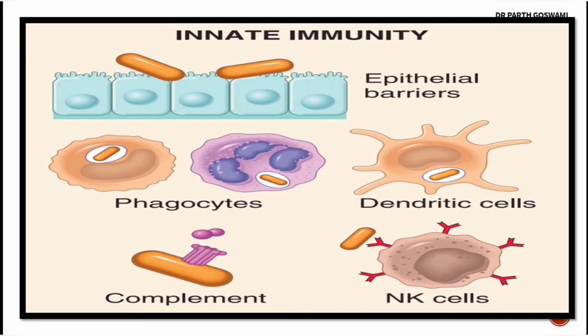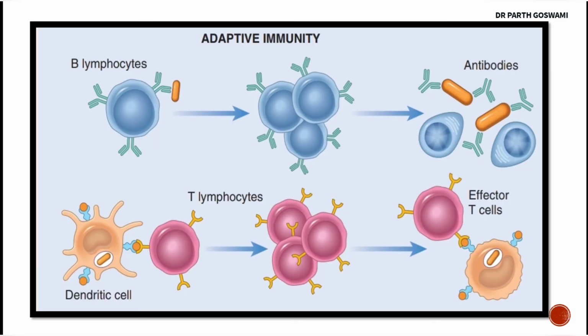All right, in this diagram you can see the whole components of natural or innate immunity. The first one is the epithelial barrier, then phagocytic cells, then dendritic cells, natural killer cells, and obviously the complement system. The main components of adaptive immunity are the T lymphocytes and the B lymphocytes.